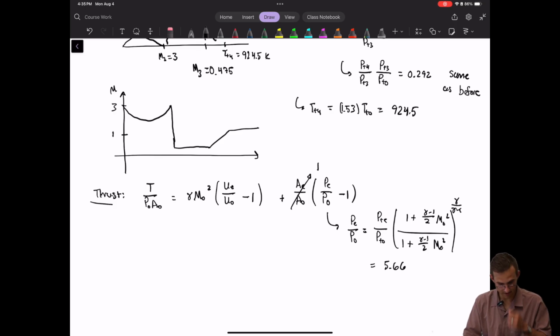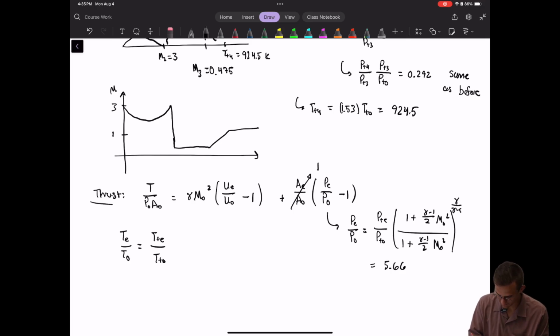Okay, and then we can get the velocity ratio between the exit and the entrance by first calculating what the temperature ratio is. So if we look at TE over T naught, we can do it the same way that we just did it for the pressure ratio. So TTE over TT naught. TTE is the same as TT4, so we know what that value is.